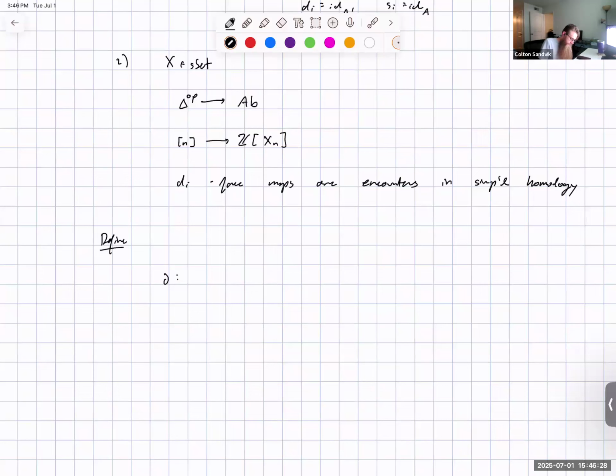And so what we're going to do is define this map, partial or del, from A_n to A_{n-1}. Here I'm just taking A to be a simplicial abelian group. We define this by the alternating sum that one encounters in intro to topology classes.